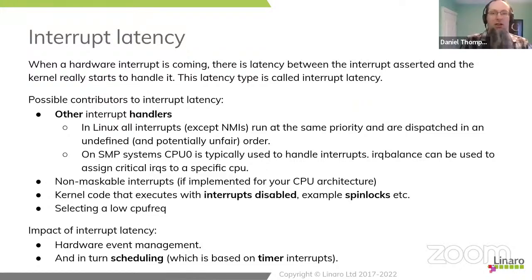Interrupt latency, I hope, is well known to people. The behavior of standard Linux is that interrupts are not prioritized. The Linux model is that interrupts run in unknown order. The reality is that different Linux implementations act differently.